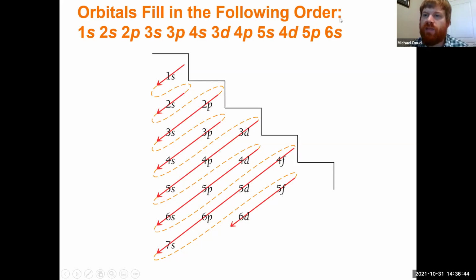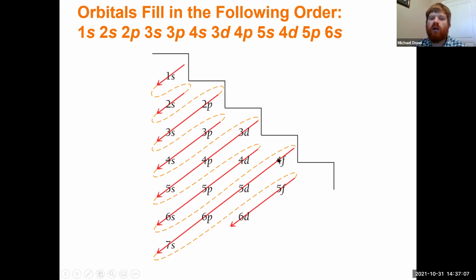We won't really do beyond that probably. Or you can remember this pattern. So if you draw all the s sublevels out like this, so 1s, 2s, 3s, 4s, 5s, 6s, 7s, and then next to it, put your p's, so 2p, 3p, 4p, 5p, 6p, and then the d's, 3d, 4d, 5d, 6d, and then finally the f's, which we don't really talk about much. We don't have to worry about them too much.